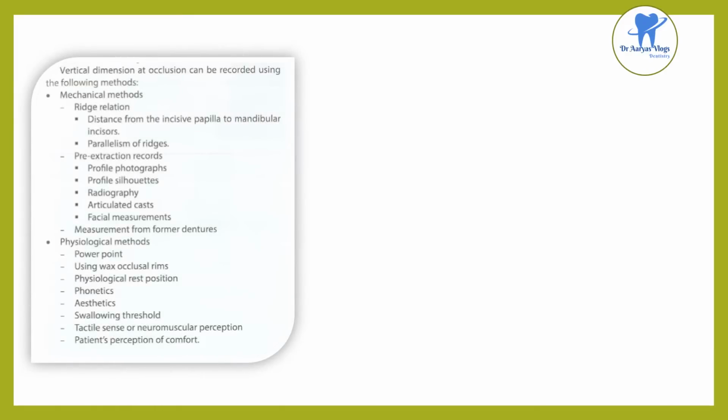These are the methods for determining the vertical dimension at occlusion for completely edentulous patients. That is mechanical methods like ridge relation, that is distance from incisive papilla to the mandibular incisors, then the parallelism of the ridges, then pre-extraction records, that is profile photographs, profile silhouettes, then radiography, articulated cast, facial measurements, and then measurement from the form of dentures.